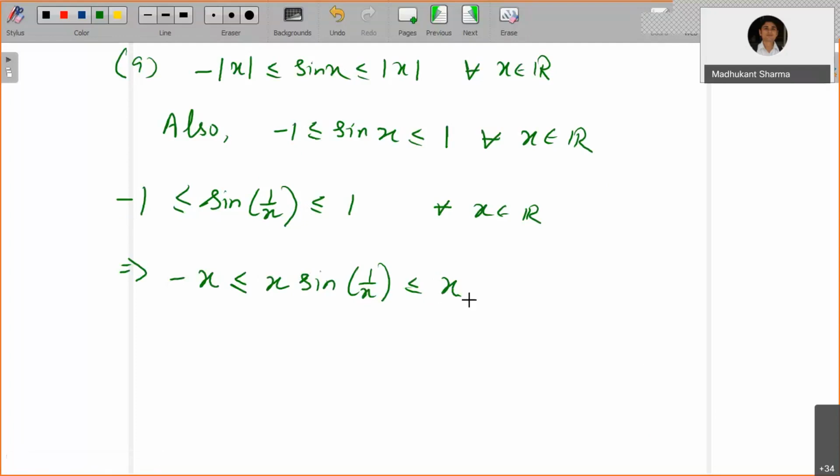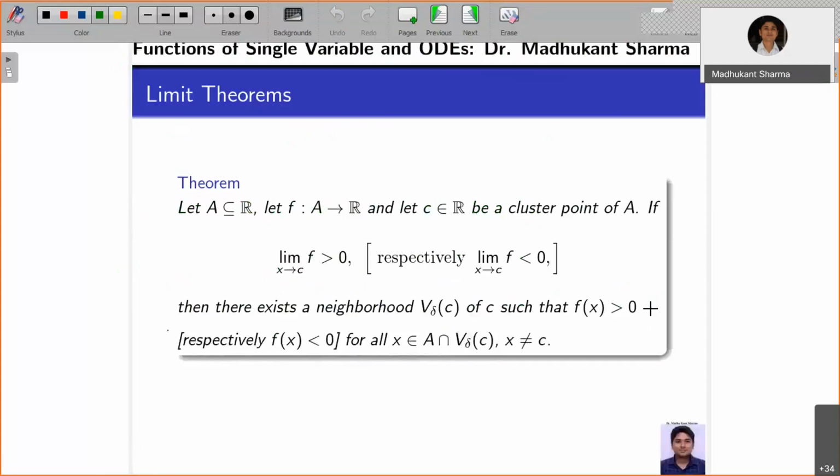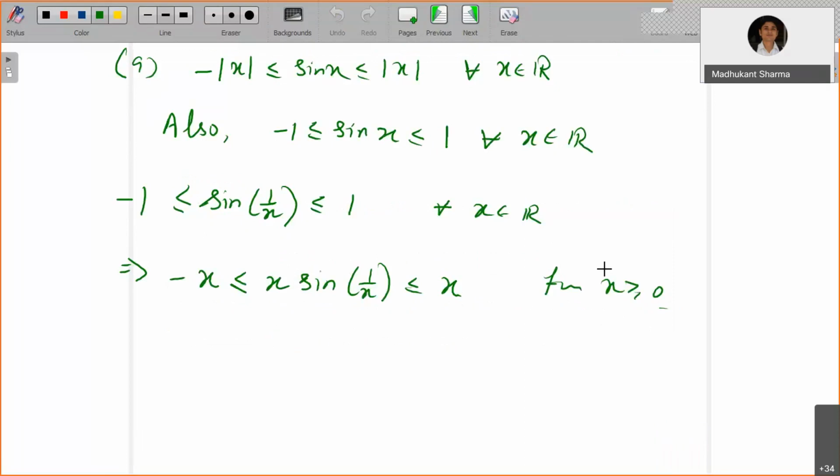Now, note that for x greater than or equal to 0, this result is true. For x less than or equal to 0, you have minus x greater than or equal to x times sine of 1 by x, greater than or equal to x.